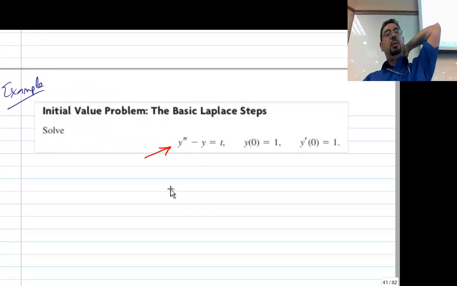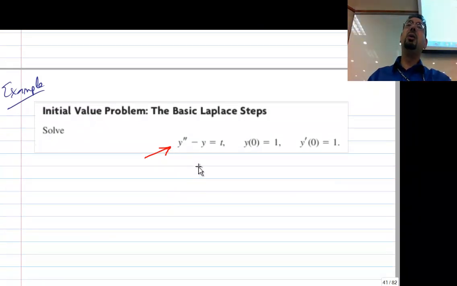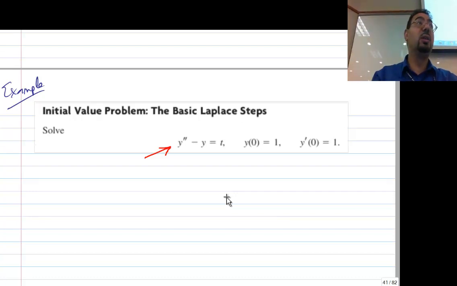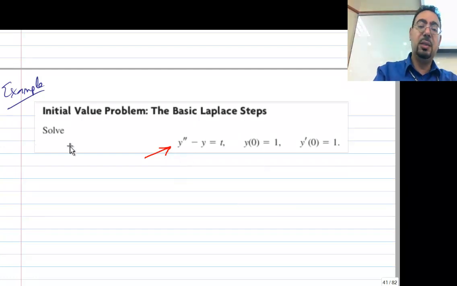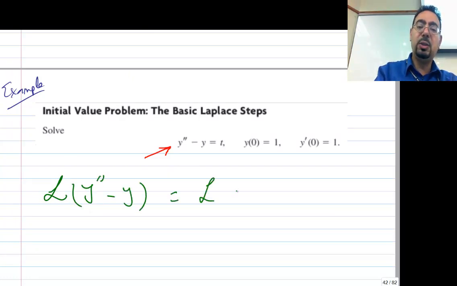Here's another example. This is second order, and we would like to solve it. Again, the integration of something like this is not that easy, but with the Laplace transform, it's really easy once you have access to the table. So you take the Laplace of this thing, and it will be equal to the Laplace of this thing.